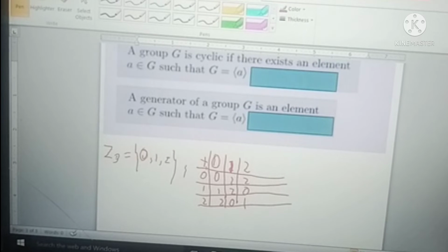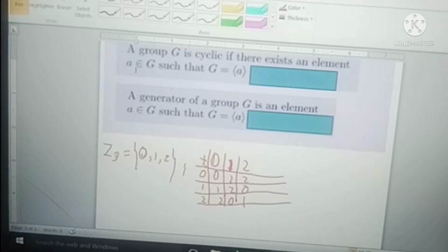So we're now in my second presentation. I'm going to talk about what is a generator. But before that, I'm going to discuss first the cyclic group, because the cyclic group has a relation to the generator.